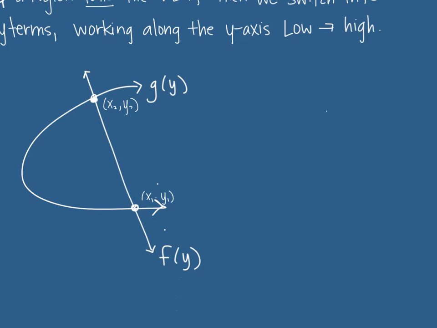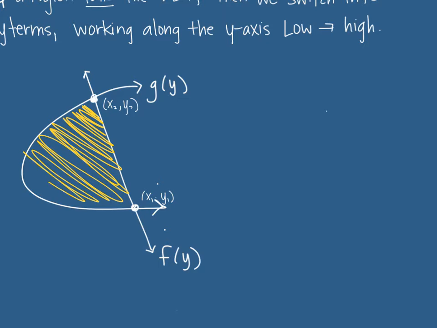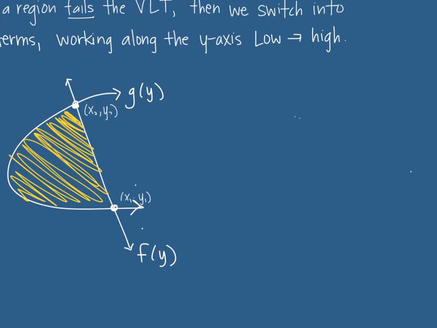In order to find the area bounded in between the region of these two boundaries, we set up an integral that's going to be evaluated in terms of y. And so our area will look like this. The integral will go on the values of y from the smaller, the lower, to the upper. And so that would be y1 to y2. So those are the values of the y coordinates of the intersection point.